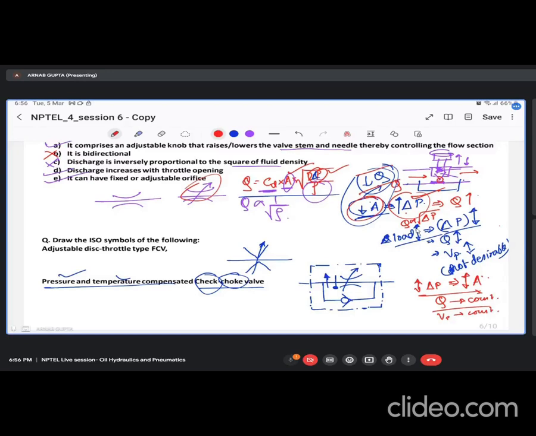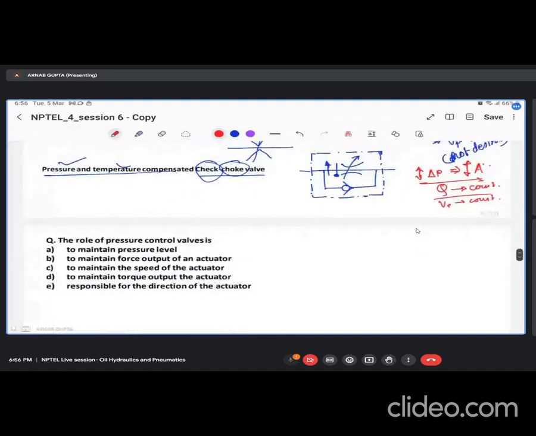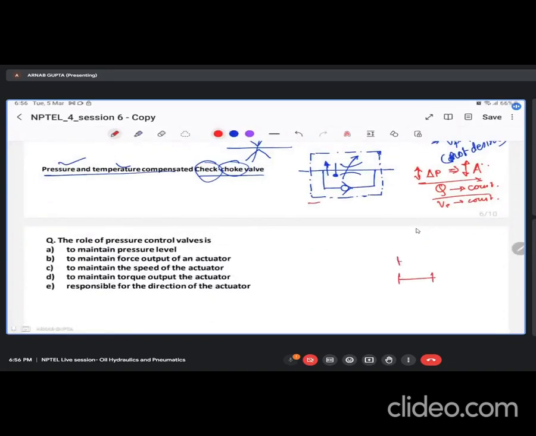Now there are multiple ways of doing that, which has already been discussed in the video. One of the primary ways is having two spools, like in a pressure compensated valve. What do you have? You have one main spool and one compensator spool. The compensator spool is attached to a spring which is adjustable.